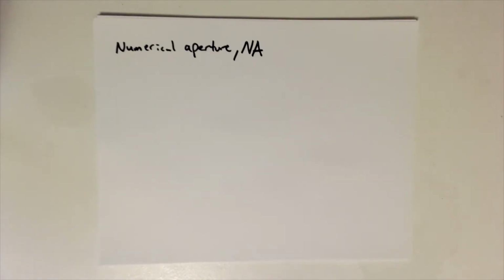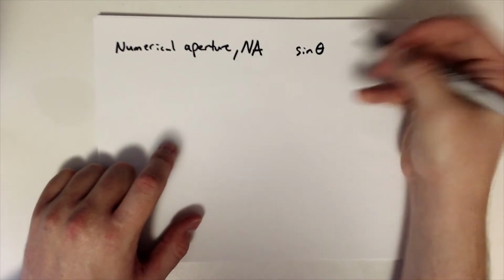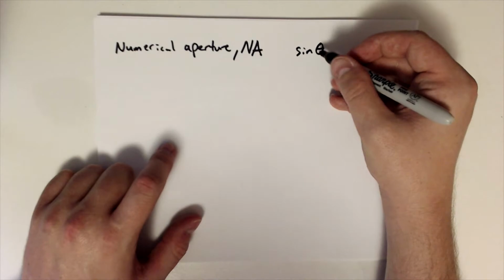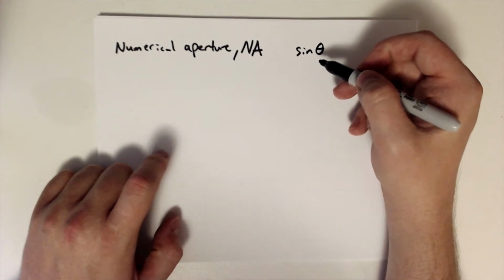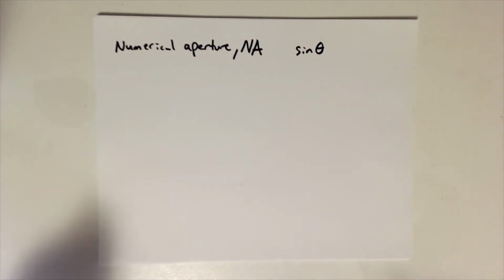This is something that we can find readily available for all lenses. And so this numerical aperture includes the aperture angle within it. It includes that term. So basically it accounts for the angle theta that we have here. So it has this term sine theta within it. And so when we start talking about this, we'll be able to look at that.